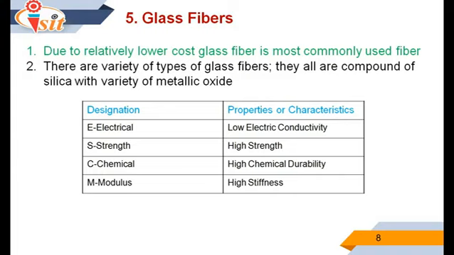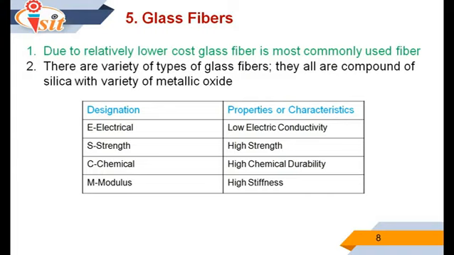Then C stands for chemical. Those glass fibers have very high chemical durability. In the previous lecture we have seen that fibers might get affected by chemical agents or solvents, and those chemical reactions badly affect the strength of the fiber.